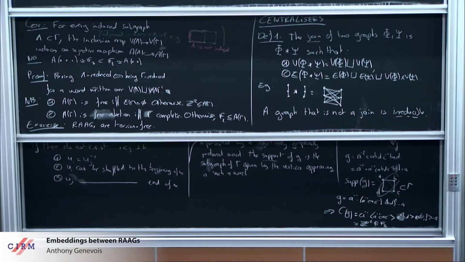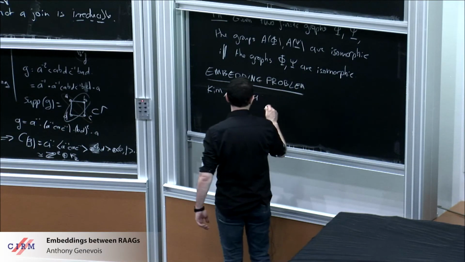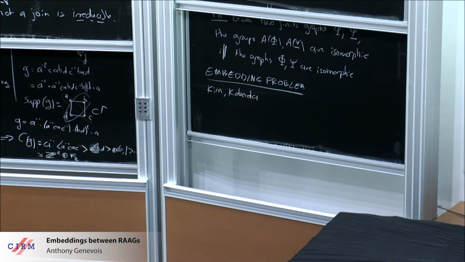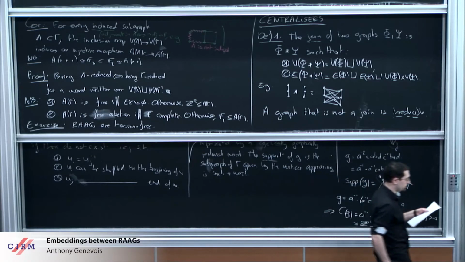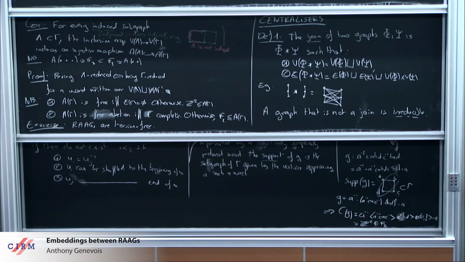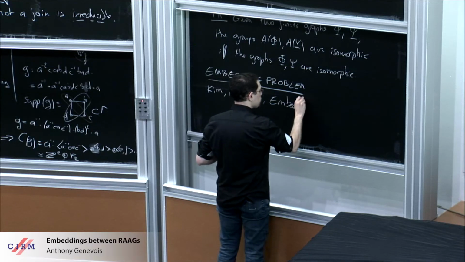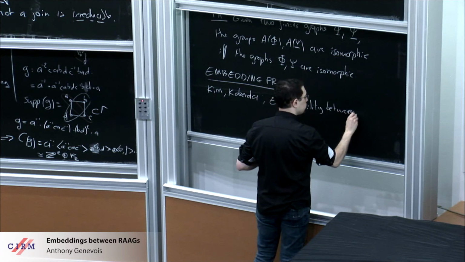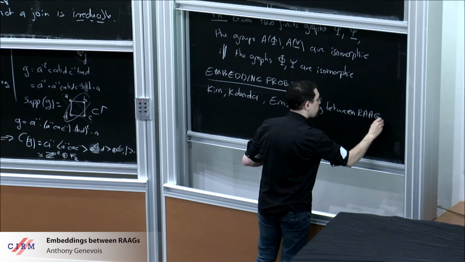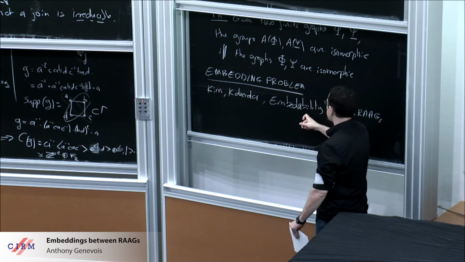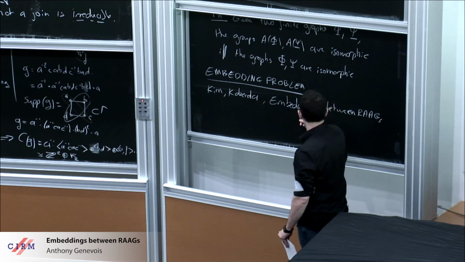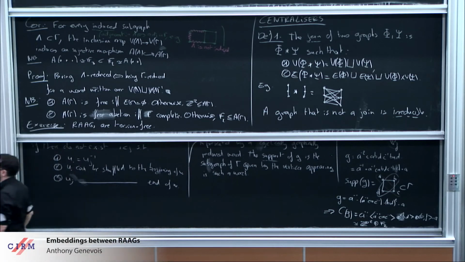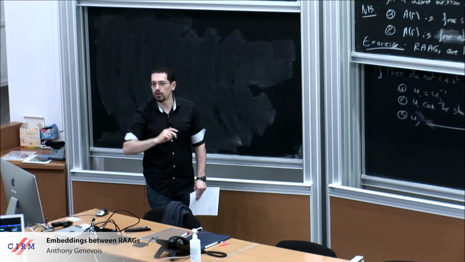Some recent progress is due to Kim and Koberda, from the article, I forgot the title, Embeddability between RAAGs. There are some very nice results, and we will discuss these results in lecture number 3, but we will use quite different arguments.